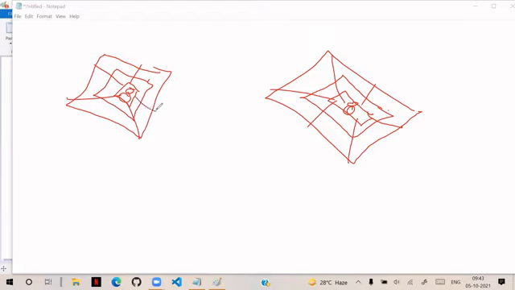Now what happens is a small prey gets caught here. Then a vibration will go from that cord and intimate the spider. The spider comes back and collects its prey here.